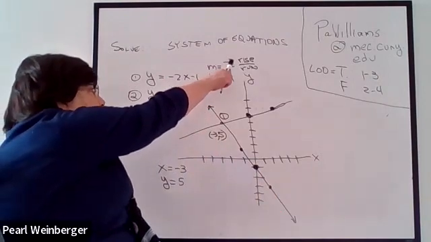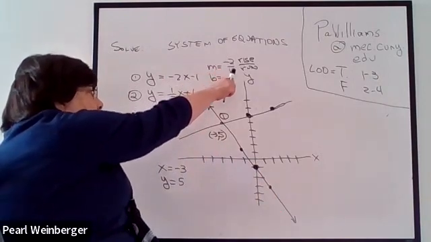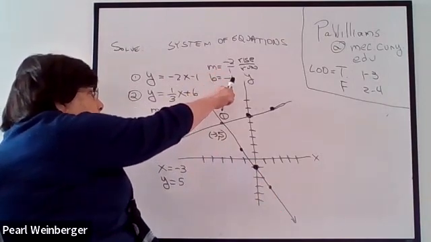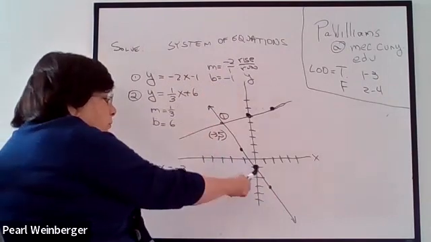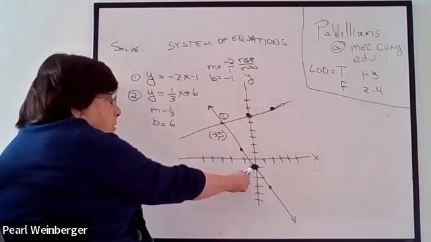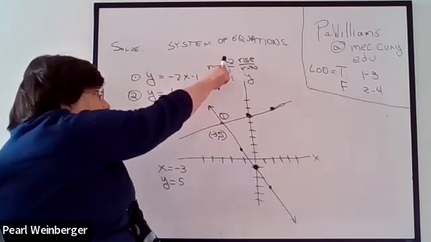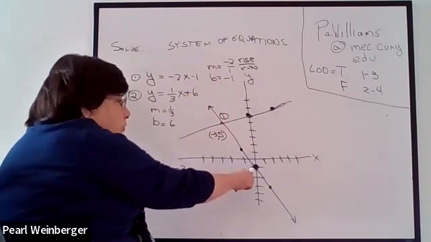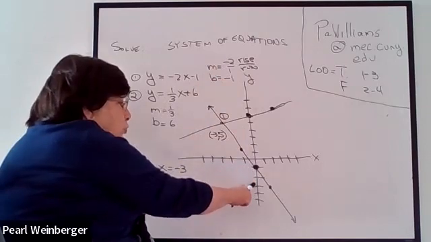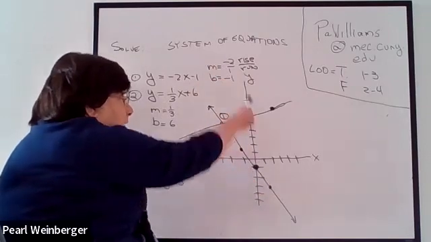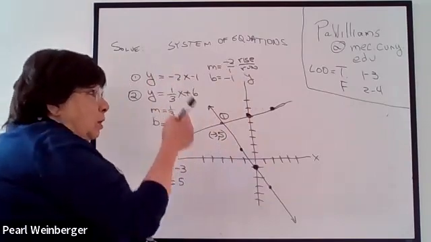We said its slope is negative 2 over 1, and its y-intercept was negative 1. The b is negative 1. So we started at negative 1 on the y, and then the slope is negative 2 over 1. So from that point, we went down 2 and 1 to the right, because that's what slope means, rise over run.